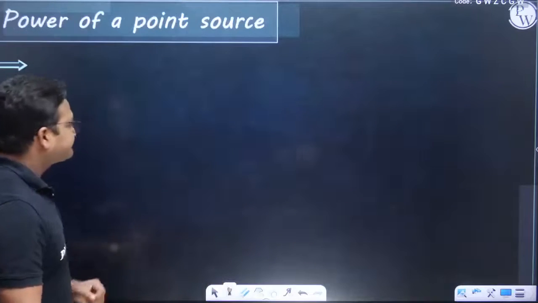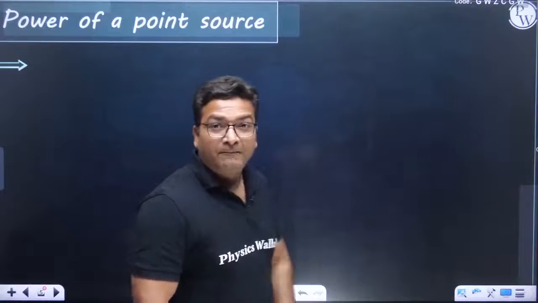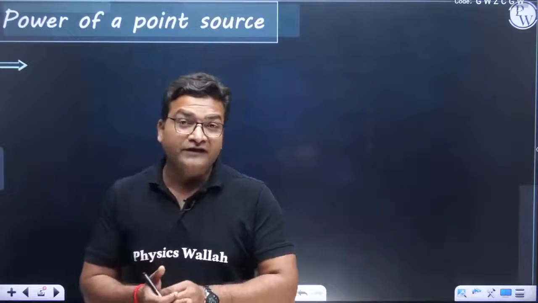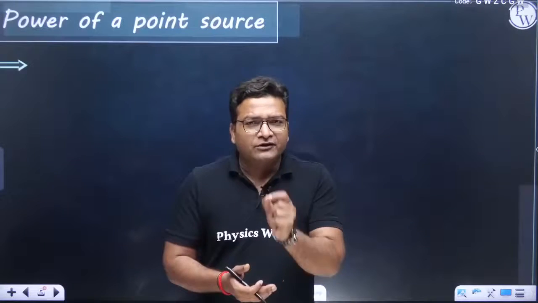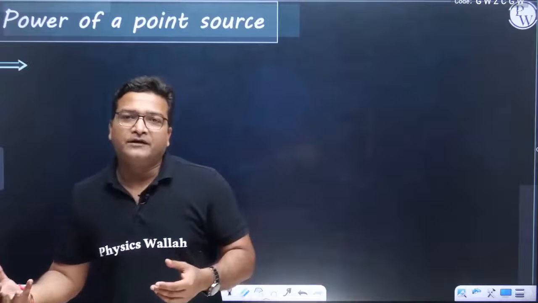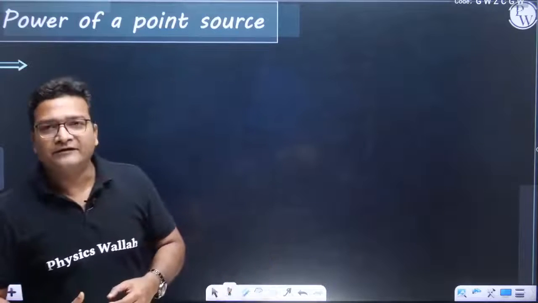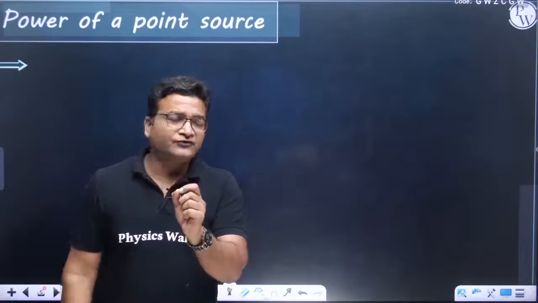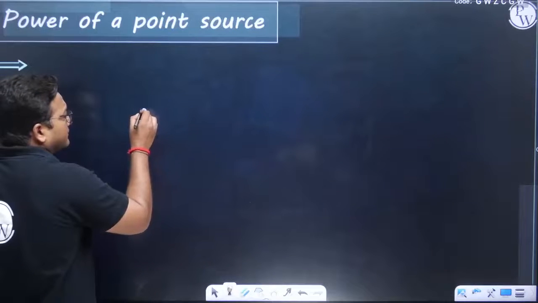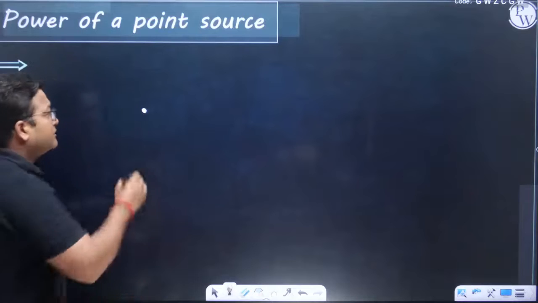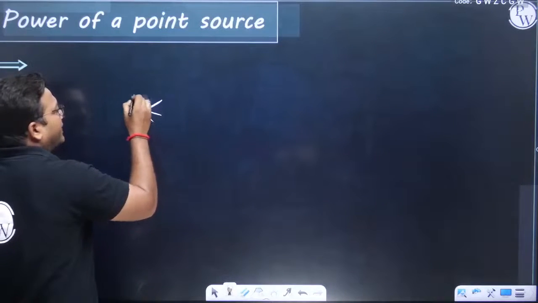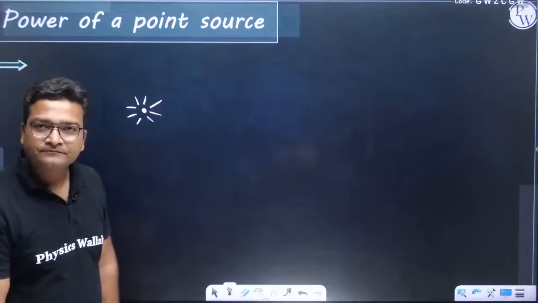Okay. Next we have the power of a point source. Okay, what is a source? The source is actually an object, a tiny object that emits light. Even the sun is a light source, the tube light is a light source, but by point source we mean a tiny particle-like source which is emitting light in every possible direction.